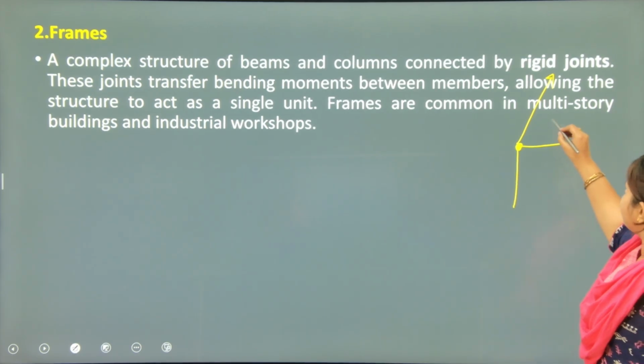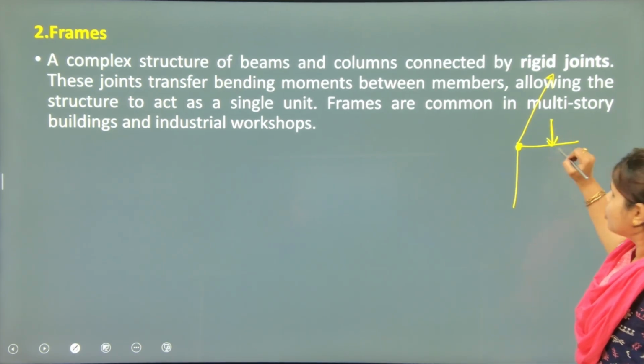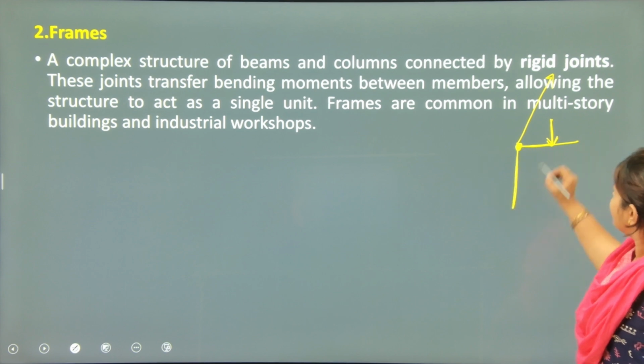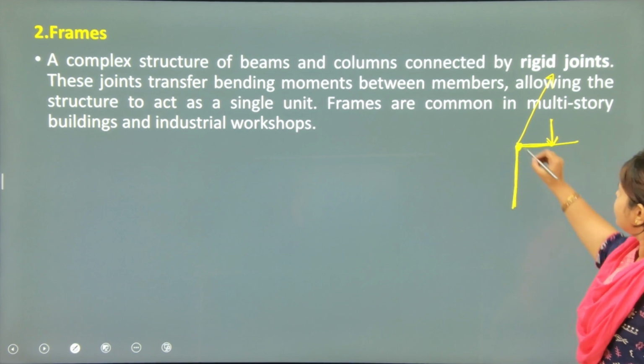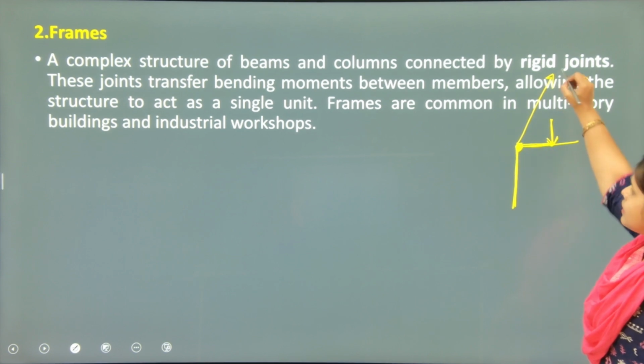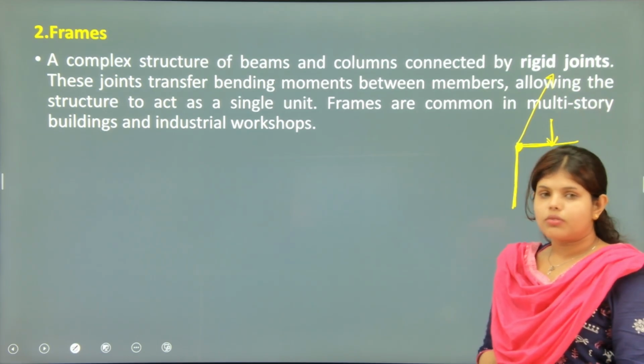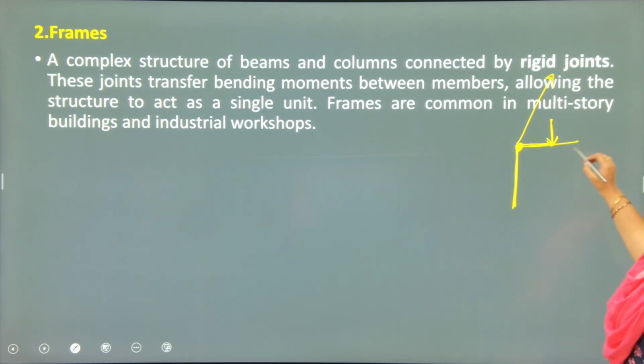So what will happen? Whenever it has load, it will transfer to the column. This transfer is done by the rigid joint, so the structure acts as a single unit. Frames are common in multi-story buildings and industrial workshops.